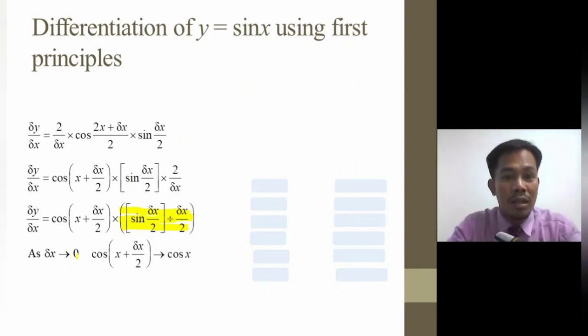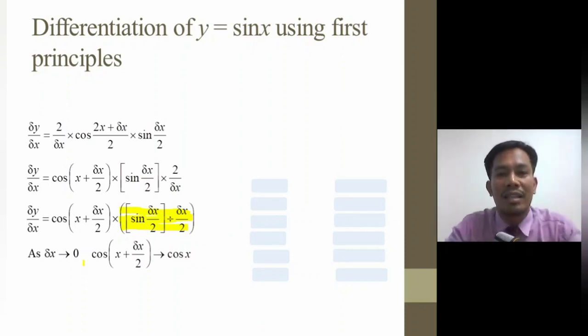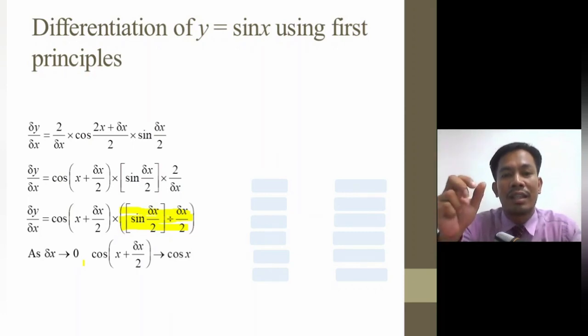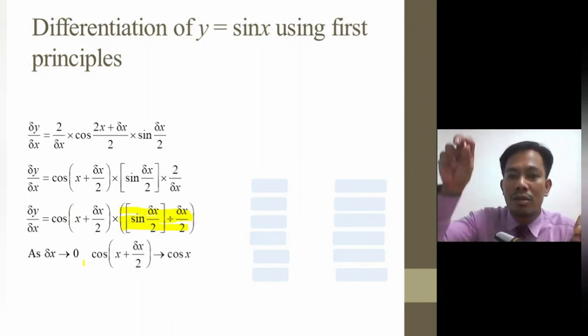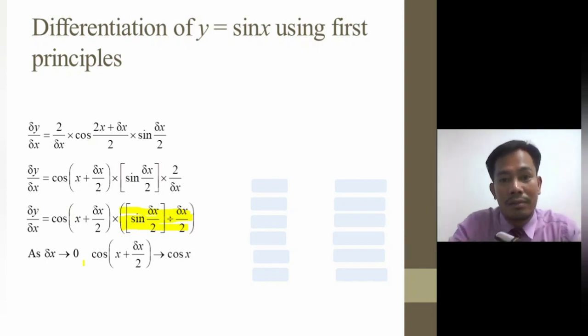Because we are using first principle, and first principle is all about limits, and limits is when a certain function or increment goes nearer and nearer to 0.